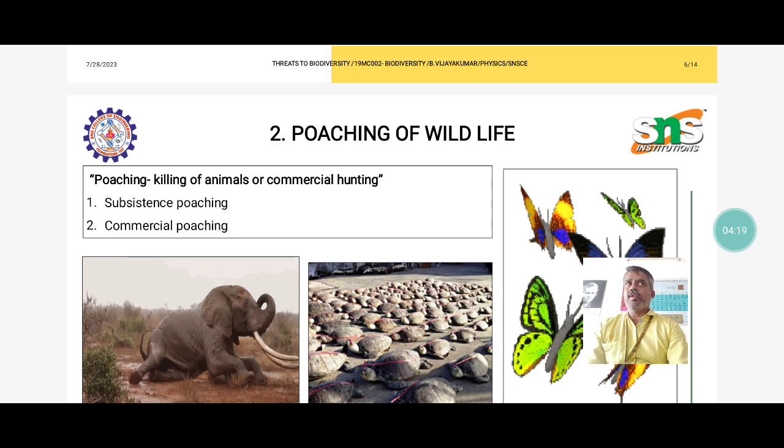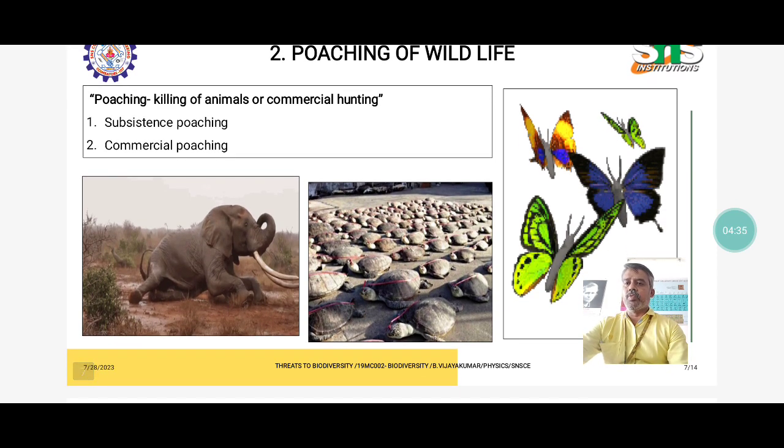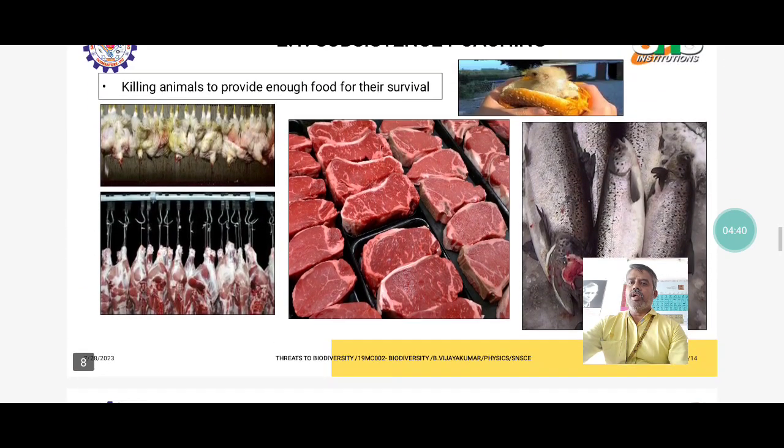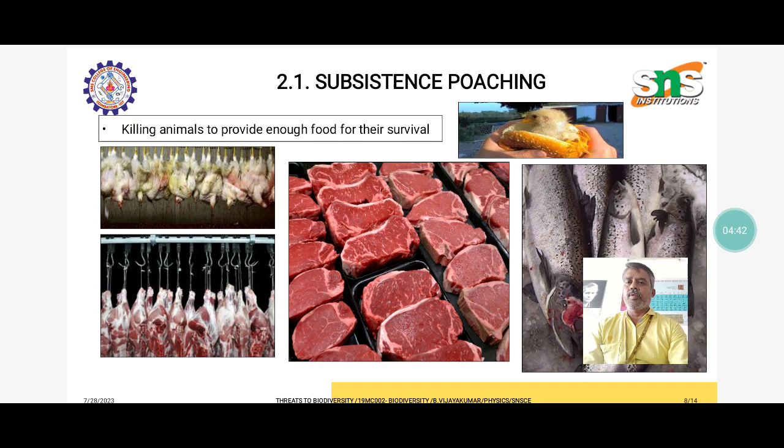Not only wildlife, but all animals help our life and keep nature's activities going well. Poaching is formed in two categories: subsistence poaching and commercial poaching. The first category means killing of wildlife.